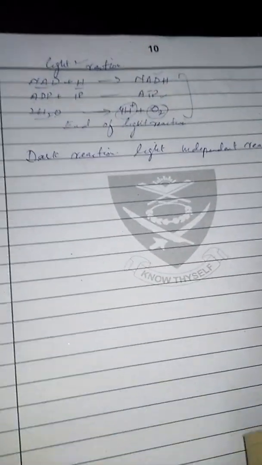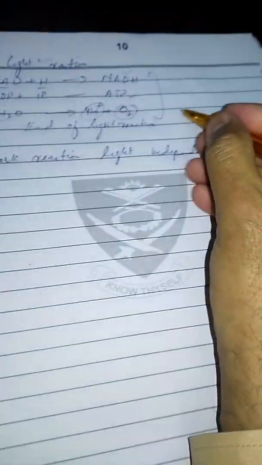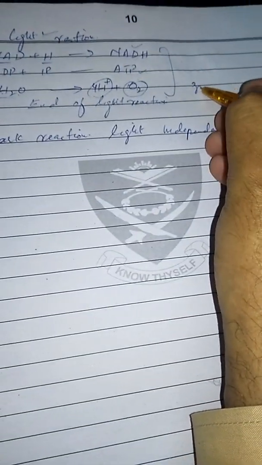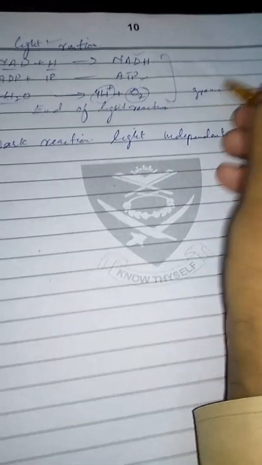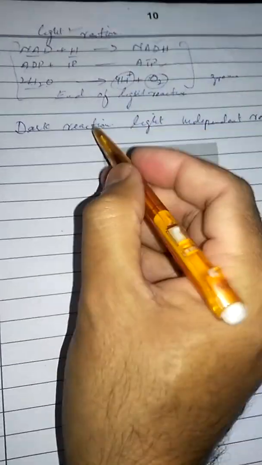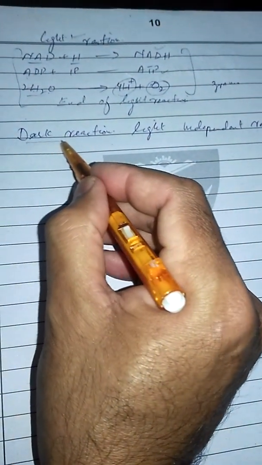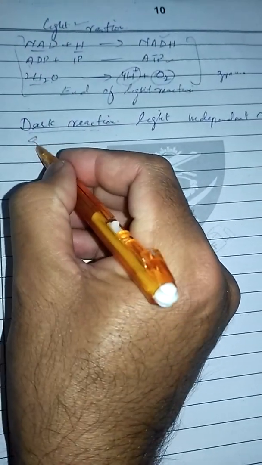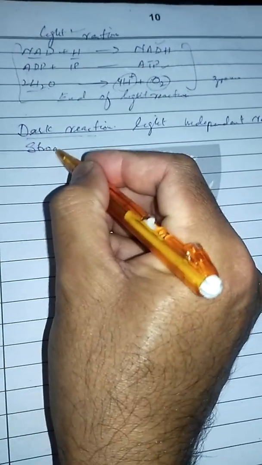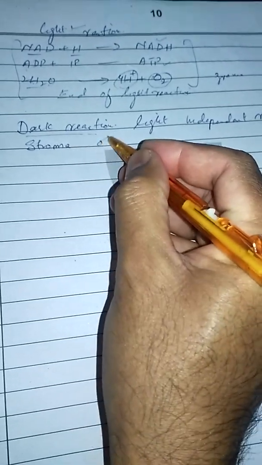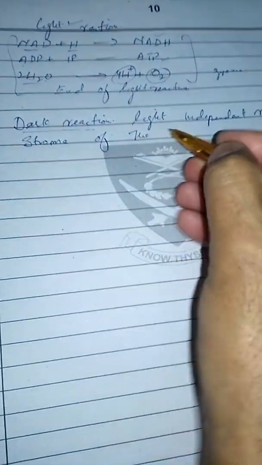Students, if you remember, I told you that the light reactions occur in the granum of the chloroplast. Where do they occur, students? In the grana of the chloroplast. While the dark reaction occurs in the stroma of the chloroplast.